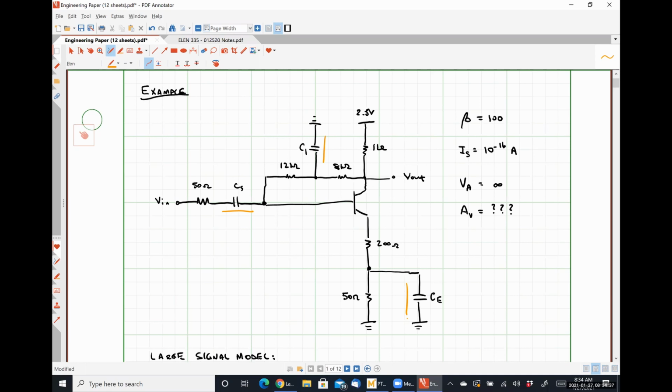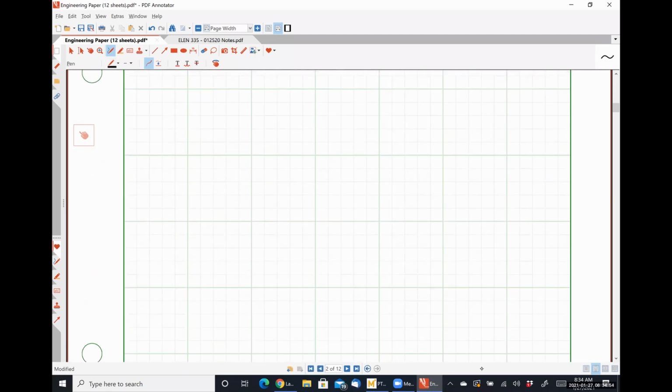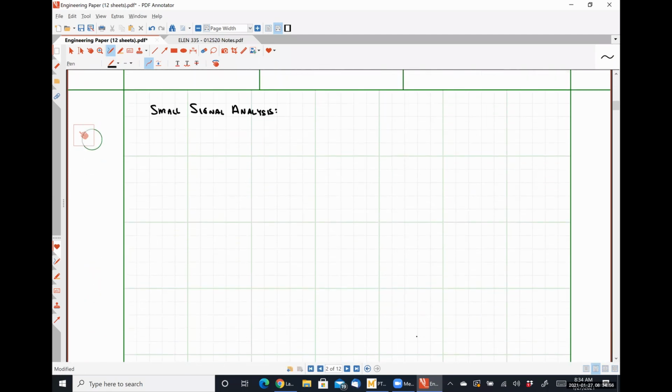When we short out our emitter capacitor, that is bypassing this 50 ohm resistor. So we have an emitter resistance of 200 ohms. So let's draw just that. So we will have something that's looking a bit like this.